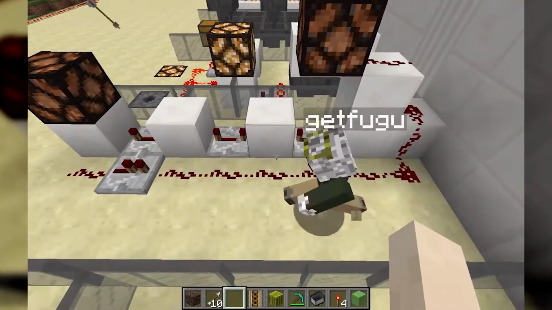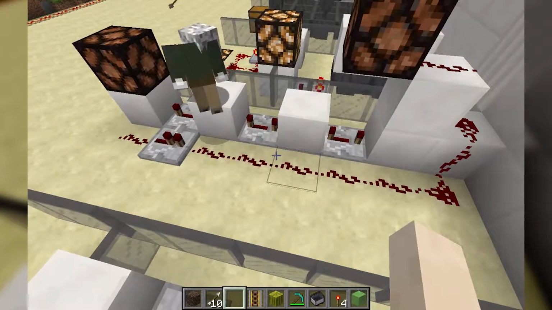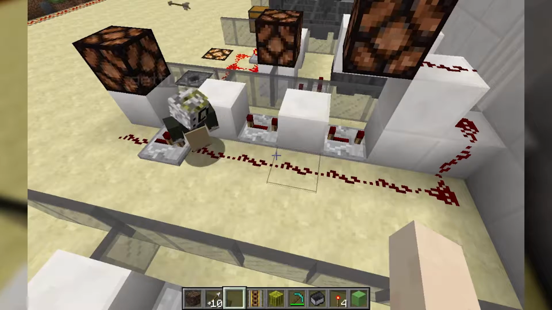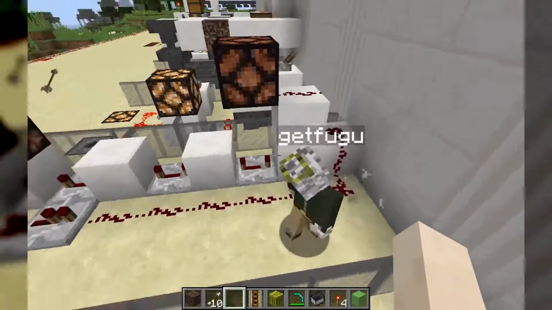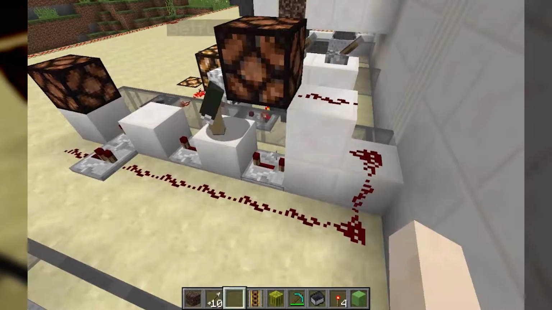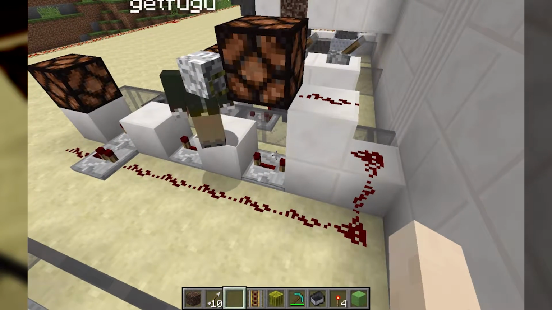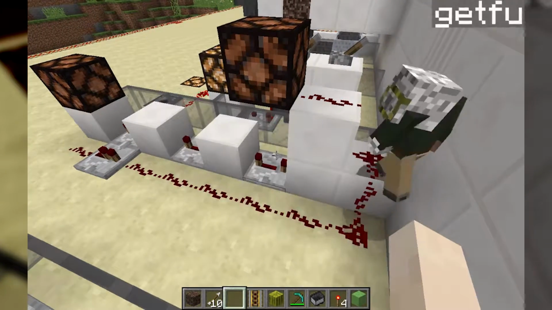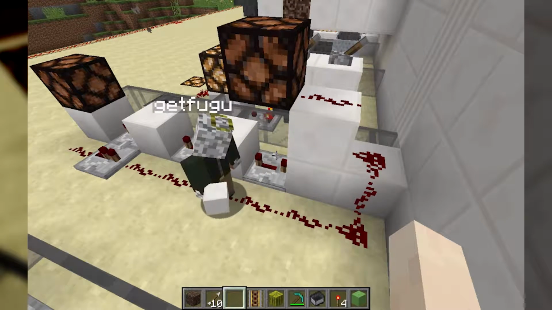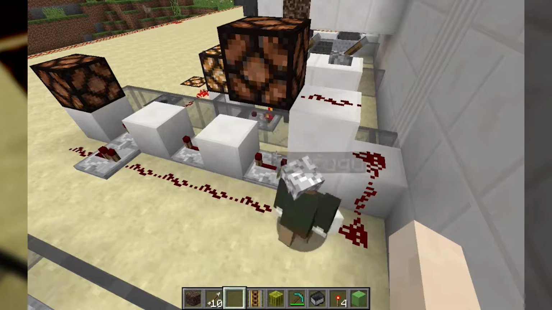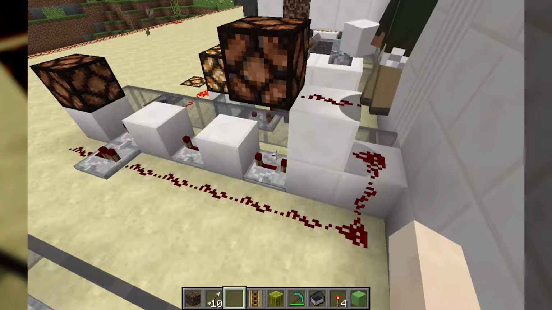And this repeater powers this block, which powers the redstone next to it, which keeps the signal going again. And then after the next delay, this block is powered, which keeps the signal going in this wire again. And then this one powers that block, which powers the redstone dust next to it and keeps the signal.